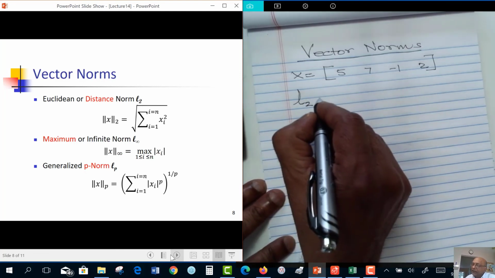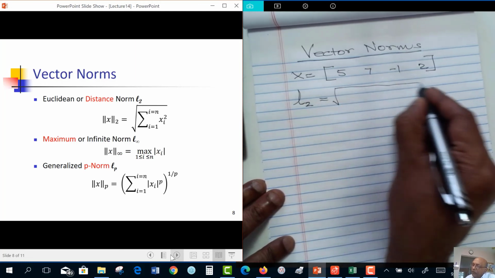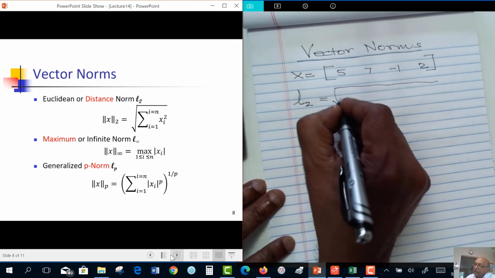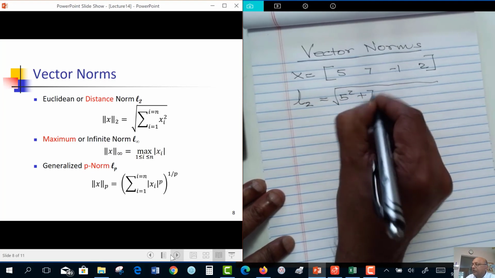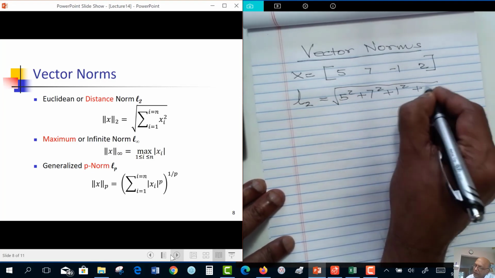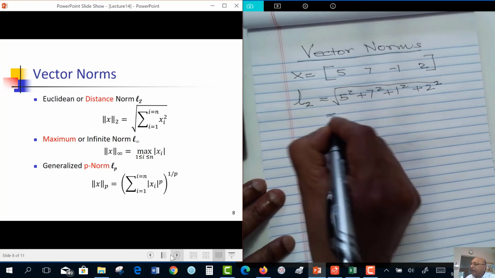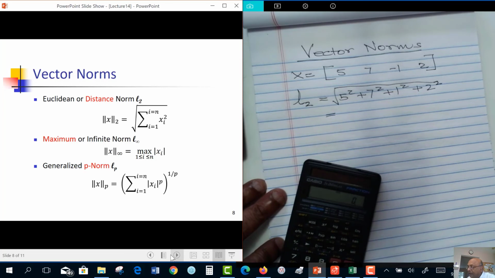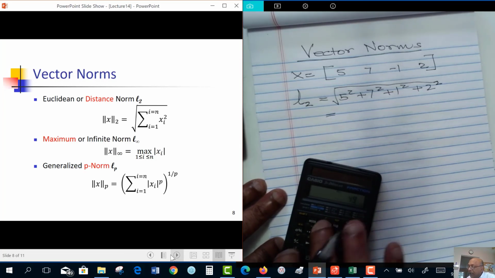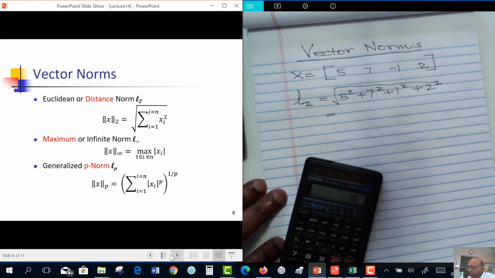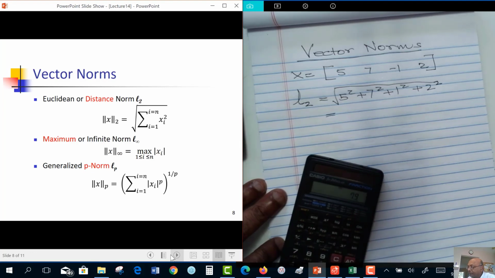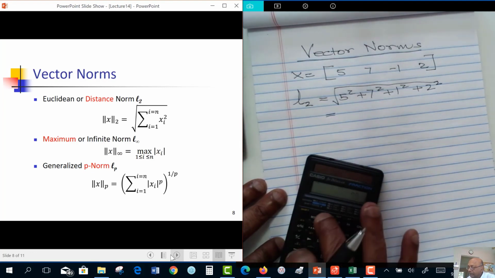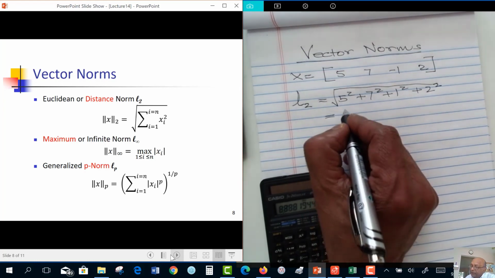So what this is, we take square root and add all that square. So 5 square plus 7 square plus 1 square plus 2 square. And that becomes our vector size. So you can see this is like length of the vector. So you have seen it in other classes. So this is very useful when you want to find length. So we'll get 8.88.